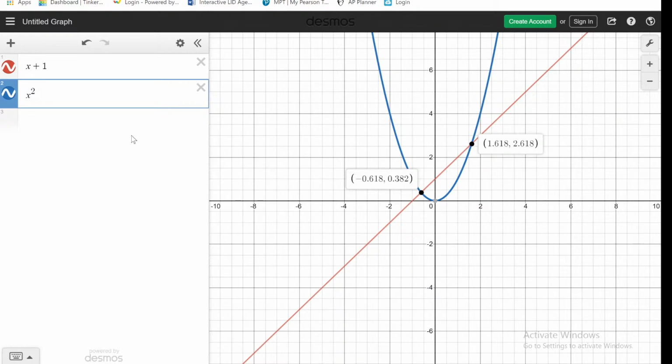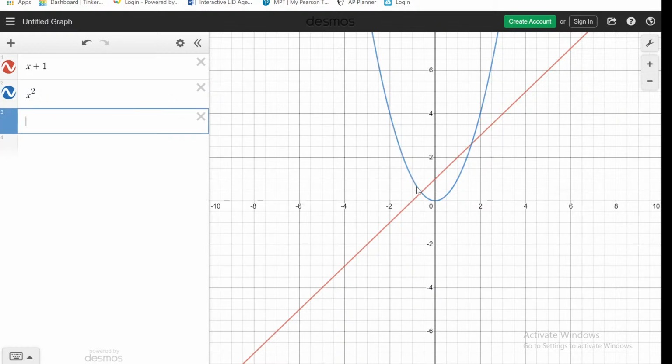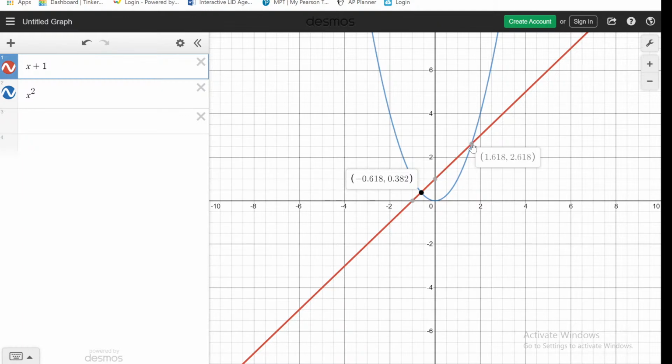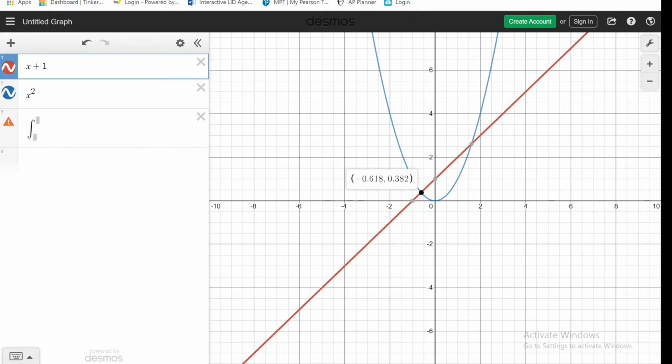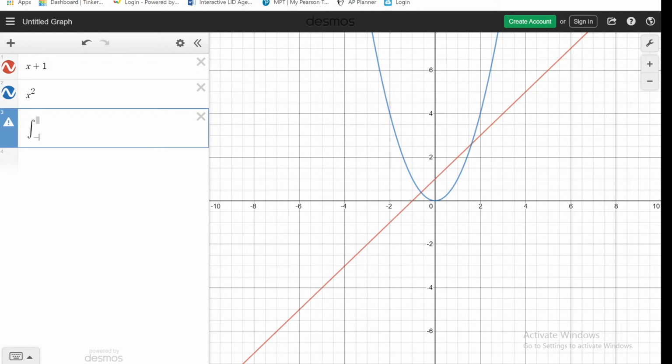Cool. These meet at those 2 points that I just clicked on the graph and then accidentally clicked off of. Oopsie daisy. So they meet at what? Negative 0.618 and 1.618.